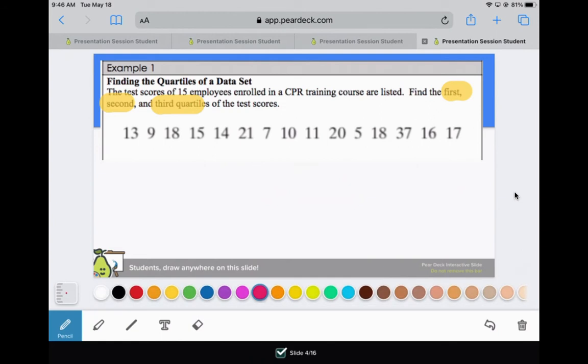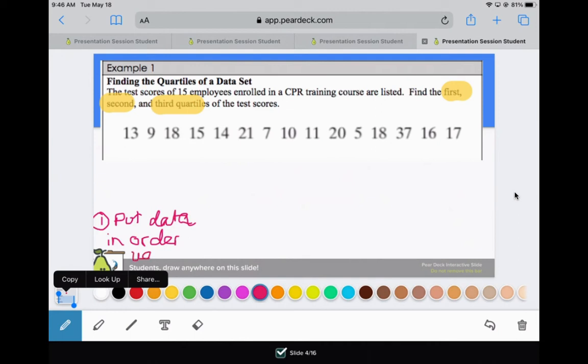Okay, so step number one, I'm going to put the data in order. I'm going to organize my data from least to greatest.